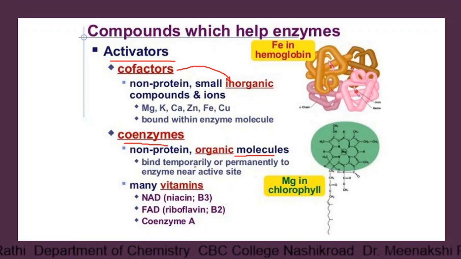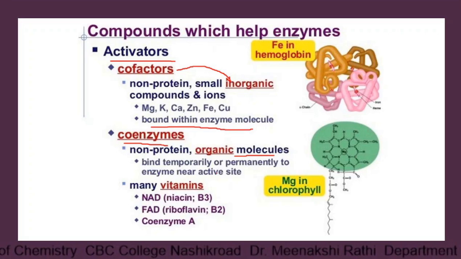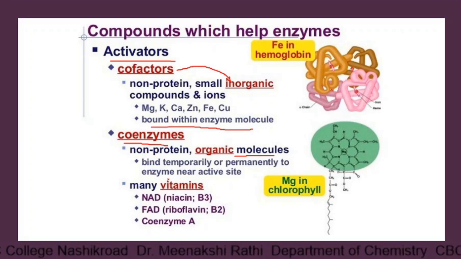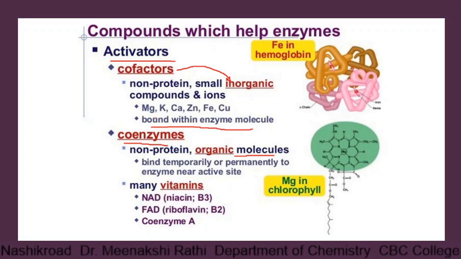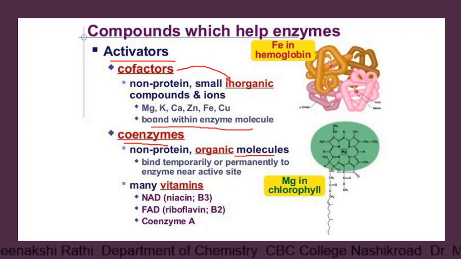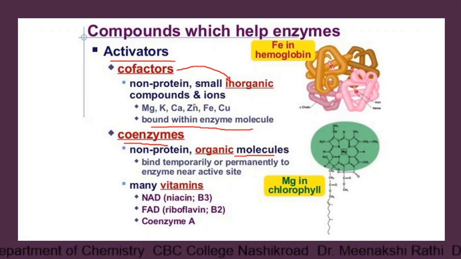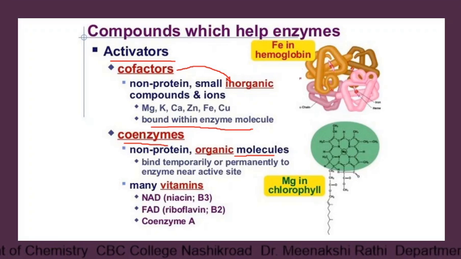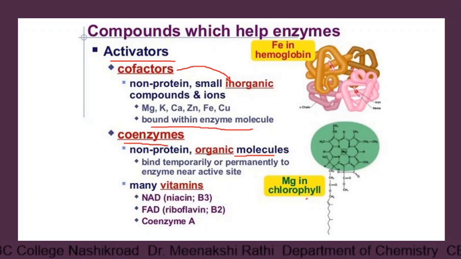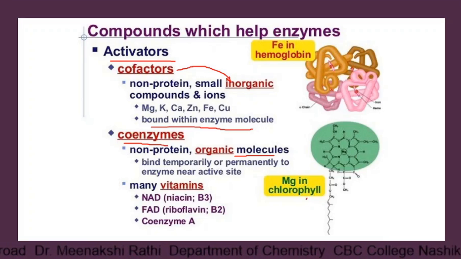Now cofactors bind with the enzyme molecule, while coenzyme also binds with the enzyme near the active site. Some metal ions like Mg, K, calcium, zinc, iron are examples of cofactors. Here you can see two examples are given: iron in hemoglobin acts as a cofactor, as well as magnesium in chlorophyll. Now what do you mean by coenzyme?